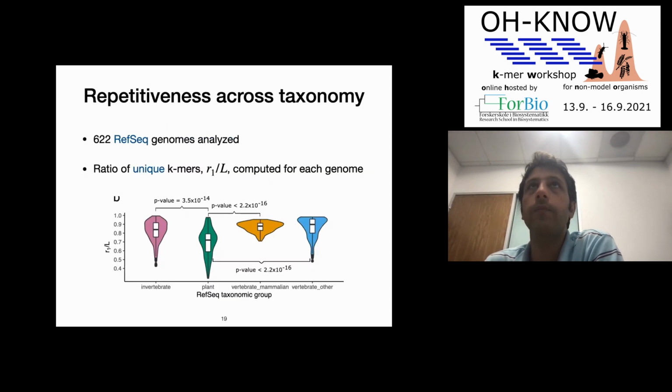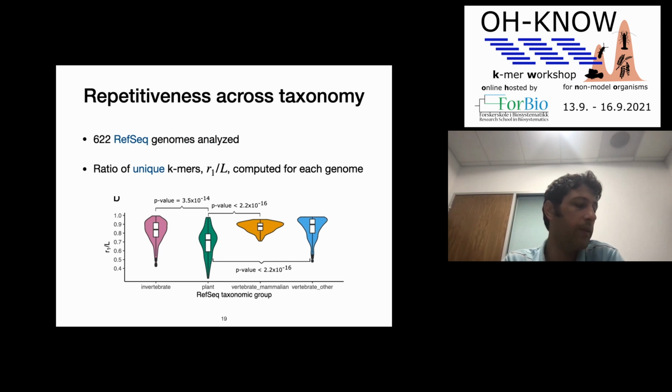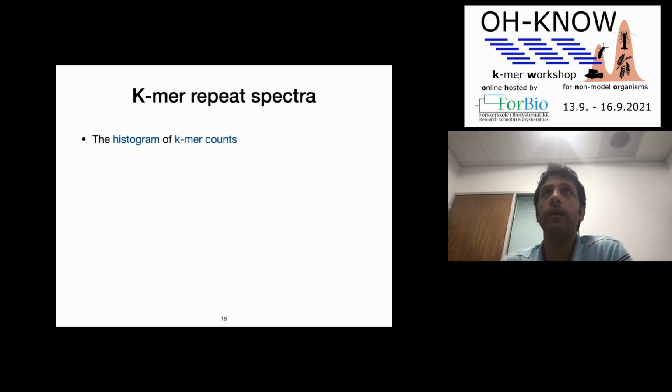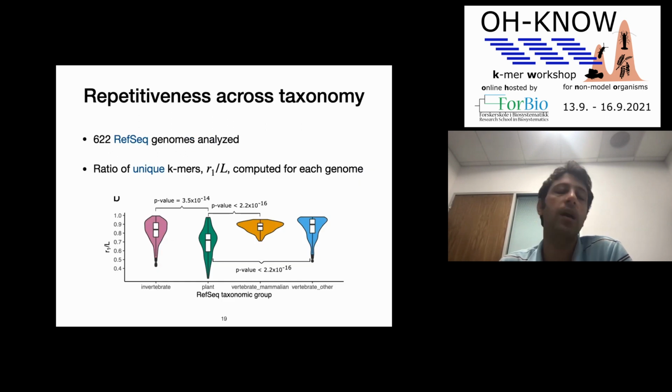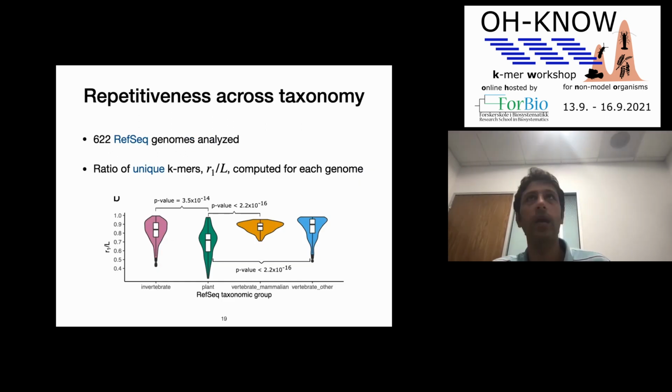Okay, so again, if you have the assemblies, computing these repeat spectra is trivial, right? You just count how many times you have each k-mer. A tool like Jellyfish would be able to compute that for you. It's a very nice and optimized tool I suggested.